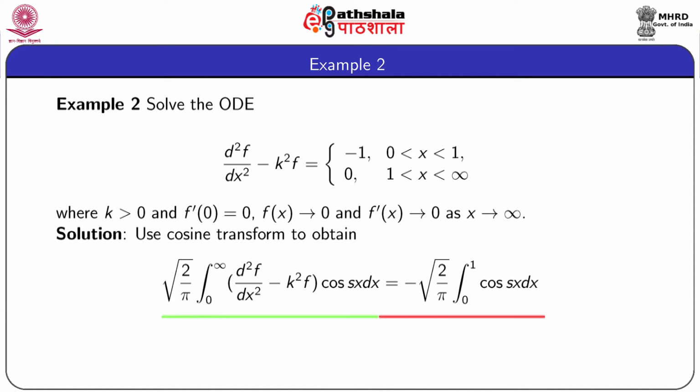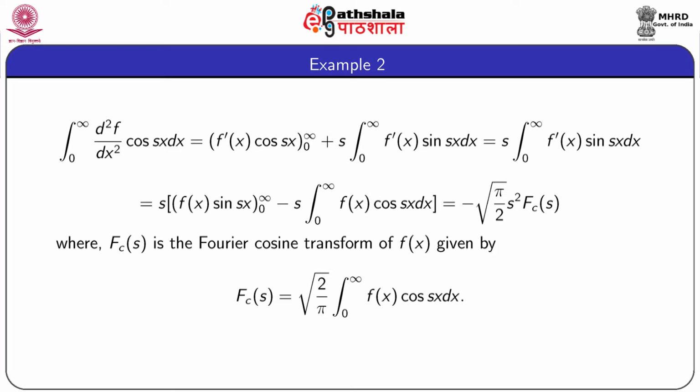In the right hand side, since the function is non-zero only between 0 to 1, the integral here is from 0 to 1. Now, we simplify various terms. First of all, we simplify the term integral 0 to infinity d2f/dx2 cos(sx) dx.